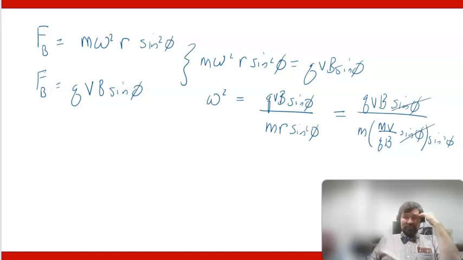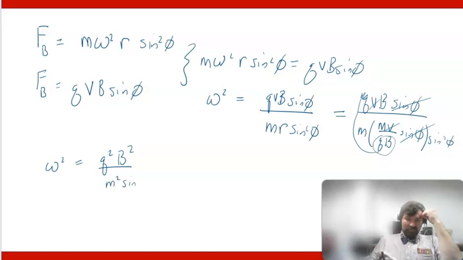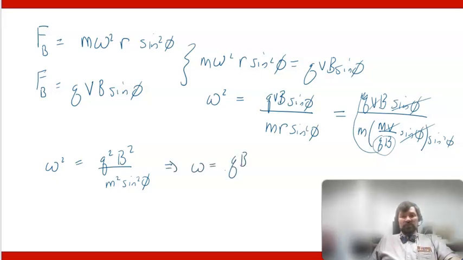We've got sine phi's in both places. We've got Q and B that would come up top, and we've got V and V. And so we end up with omega squared is equal to Q squared B squared divided by m squared sine squared phi. And that means that omega is QB over m sine phi.